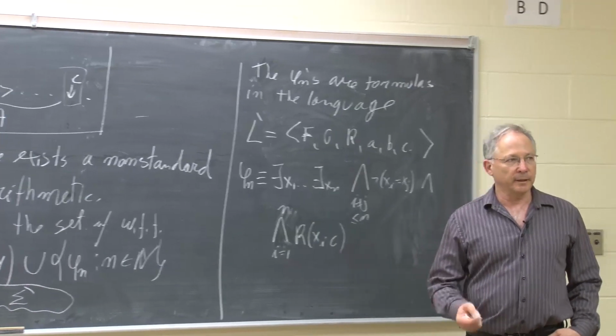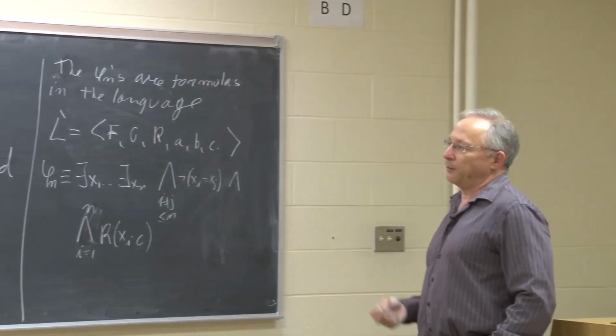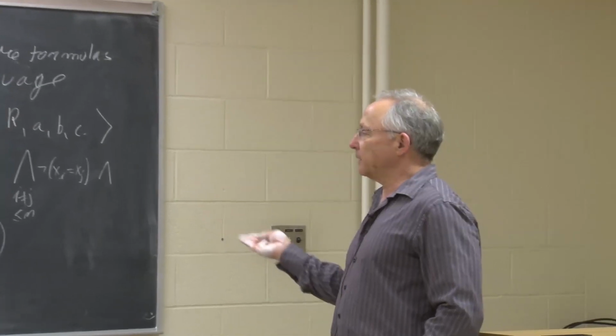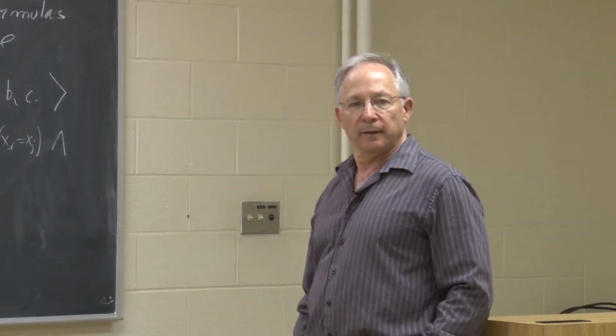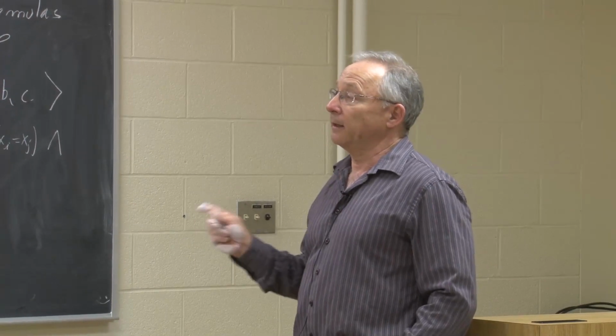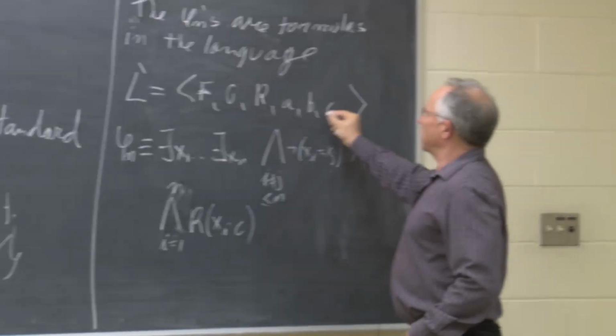So this is a very typical use of compactness. I can satisfy every finite requirement. Therefore, by compactness, I know that there should be an interpretation for the full set. Interpretation for the full set will have my interpretation of C being a non-standard element.